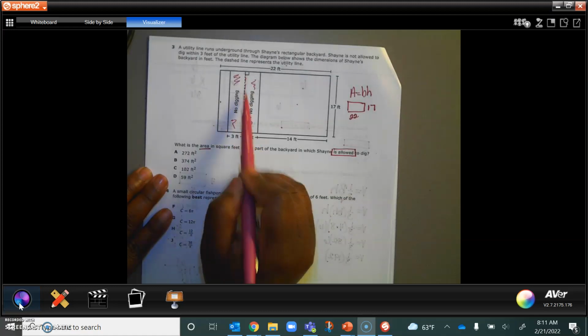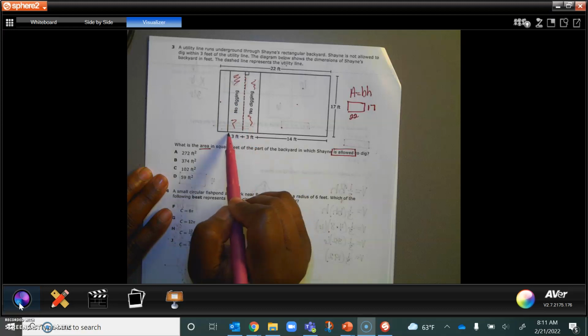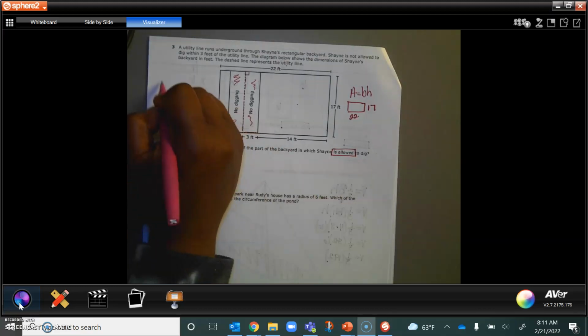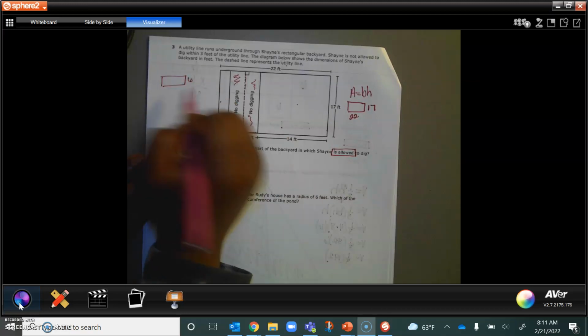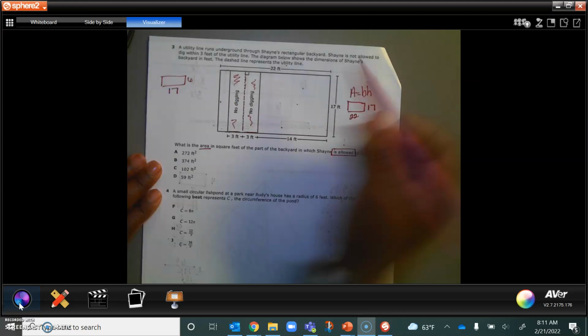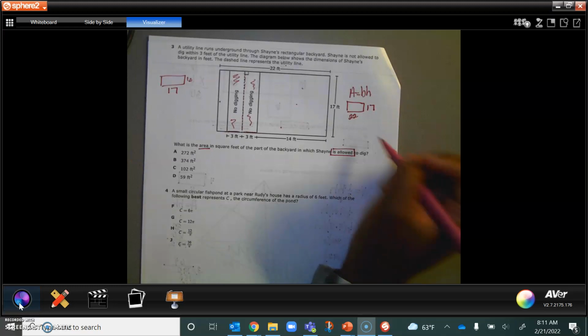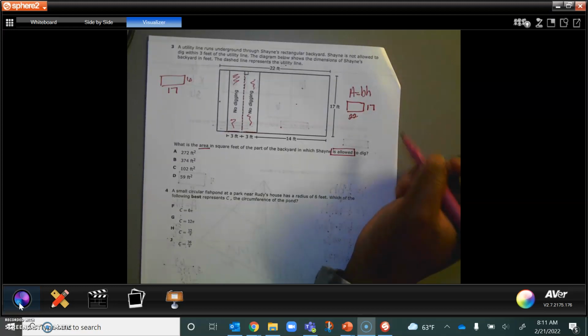If he can't go within 3 feet of the utility line, that's 3 feet this way and 3 feet this way. So 3 plus 3 gives me 6. So that rectangle is going to be 6 by 17 because of the height here. Once I find the area of both of these rectangles, I will then subtract.